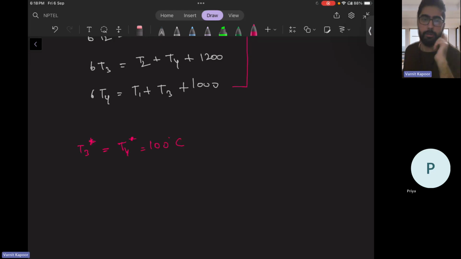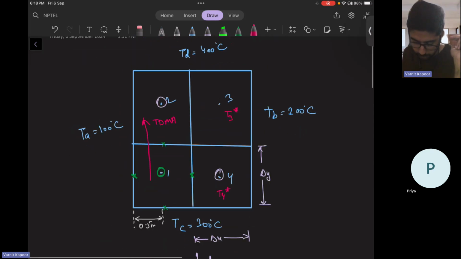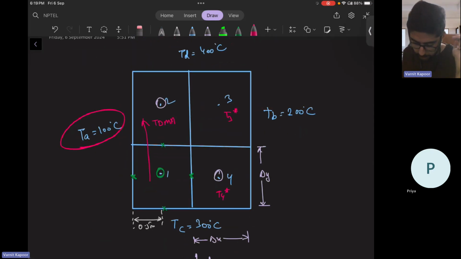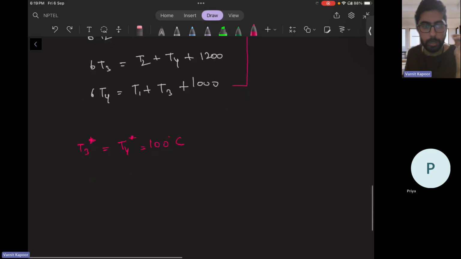It should be a bounded value. So from minimum to maximum, what is the minimum value in the boundary? It is 100 and maximum is 400. So let us assume it is 100 itself.